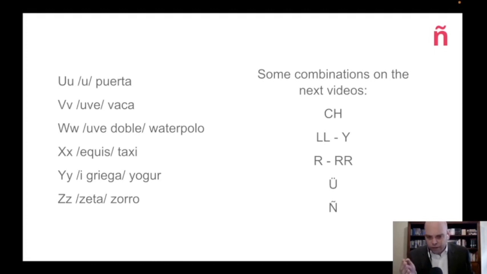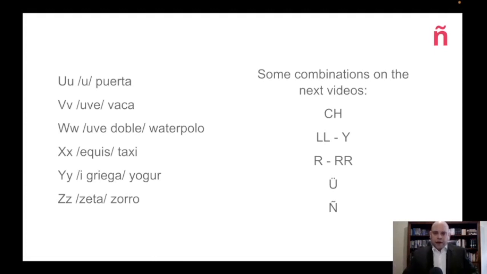For example, we can find it in words like zorro, meaning fox, and we also have a lesson about this letter and the letter C and the different pronunciation they have around the world.